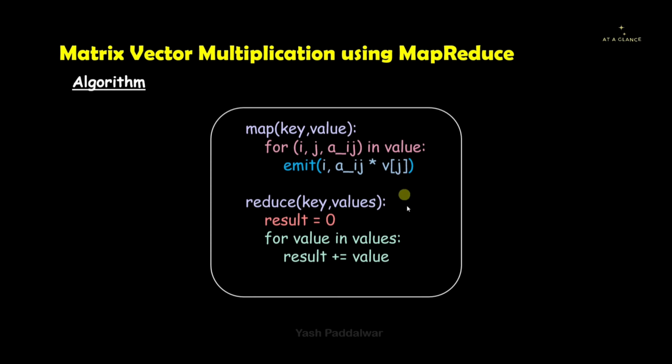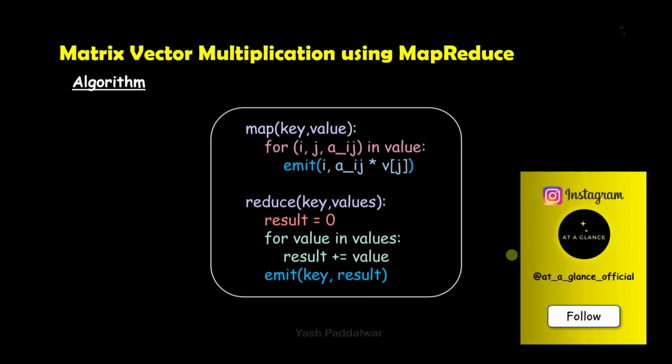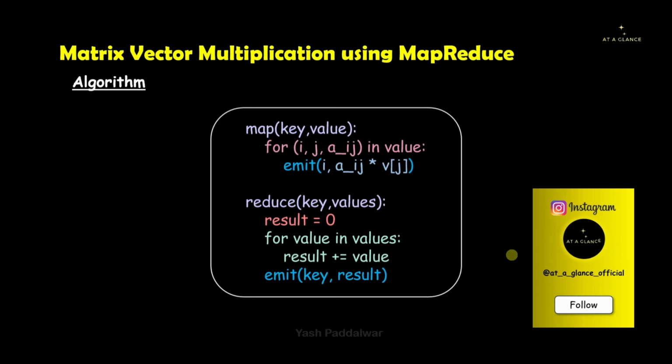And once we iterate over it, we are going to add all the values that lie in the same row. For example, if we are talking about row number 0, each and every value lying inside row number 0 will be multiplied with each and every corresponding value lying inside the vector, and whatever is the multiplication output of all the numbers, we are going to add it finally and store it in the result variable.